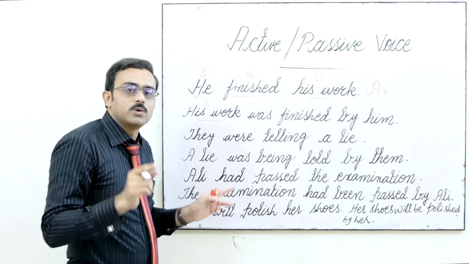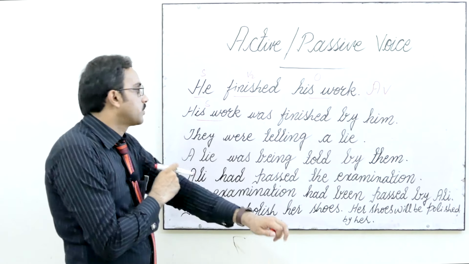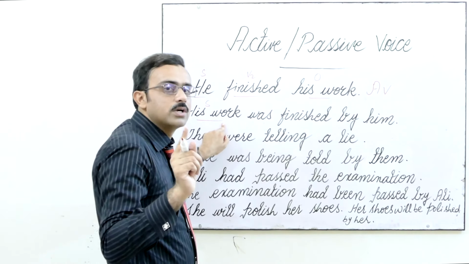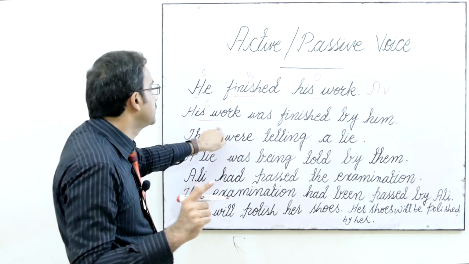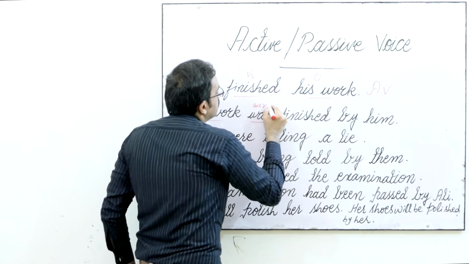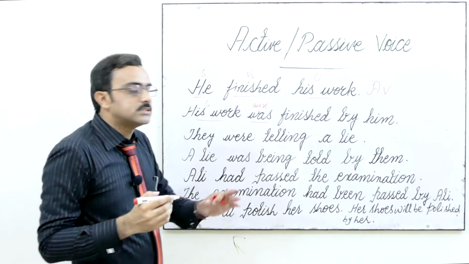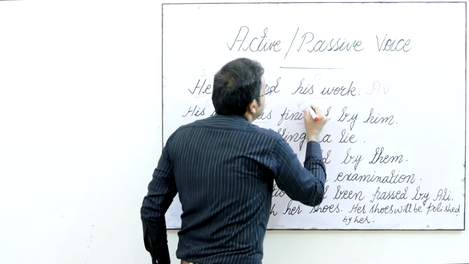Was with singular nouns and pronouns, and were with plural nouns and pronouns. So his work is singular now. First it was object, now this is subject, and we are using the auxiliary was because the subject is in singular form. Finished, this is your V3.